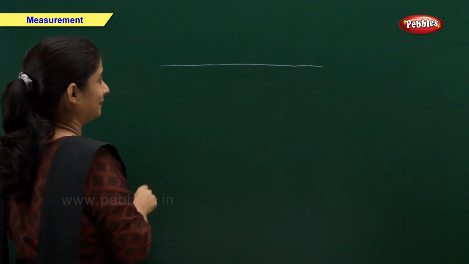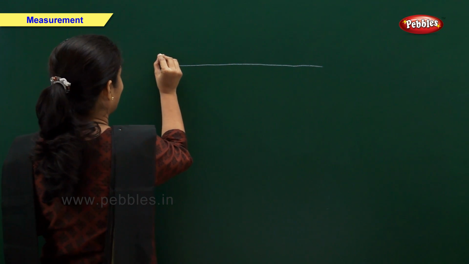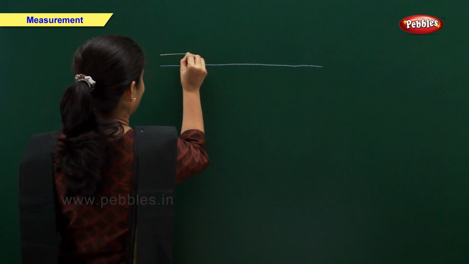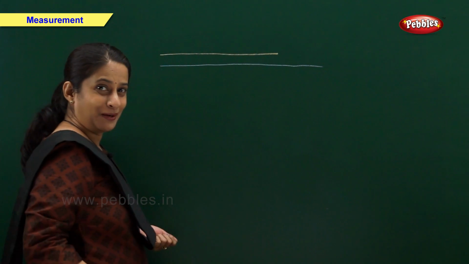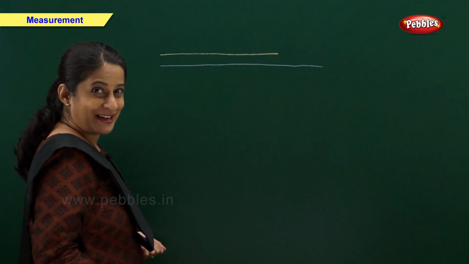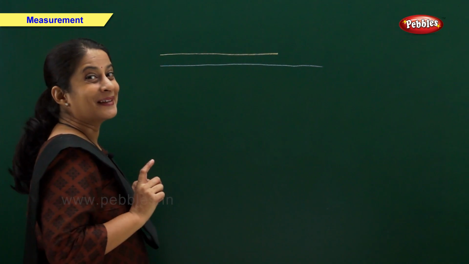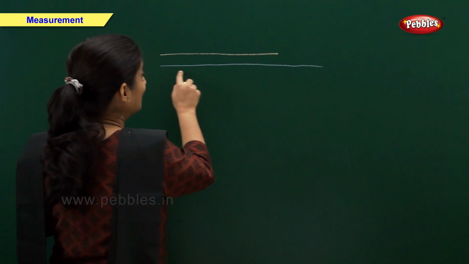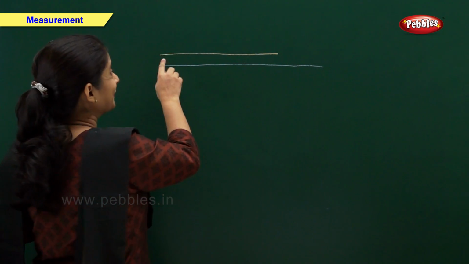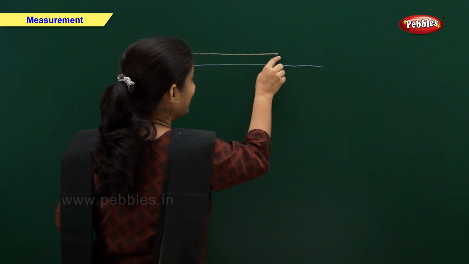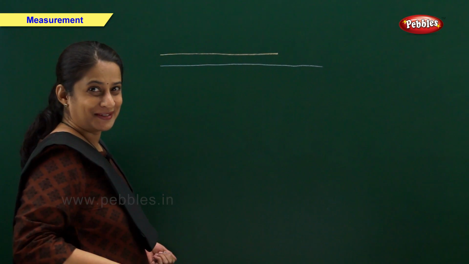Blue line, yellow line. Which line is longer? Right, blue line is longer. Yellow line is shorter.